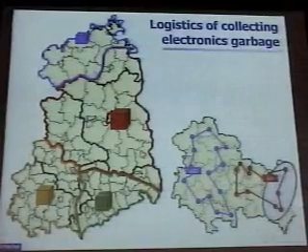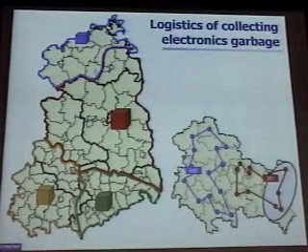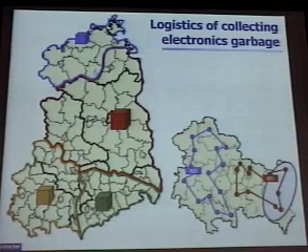Here's another example, namely in Europe we have now the rule that electronics garbage has to be collected, so it has to be recycled. So the companies that are selling electronic equipment have to pick it up and recycle it somewhere. So they have to introduce now a network of recycling factories and collecting mechanisms and so on.